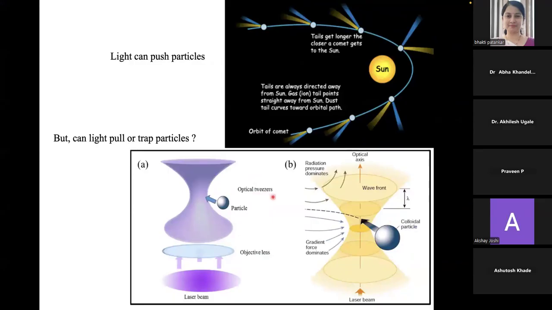Yes, sir. Okay. So now he saw that instead of simply being gently attracted like in his 1975 experiment, this time around, if you focus the light down to something called the diffraction limited spot, then you can indeed trap particles in 3 dimensions at the focal spot.